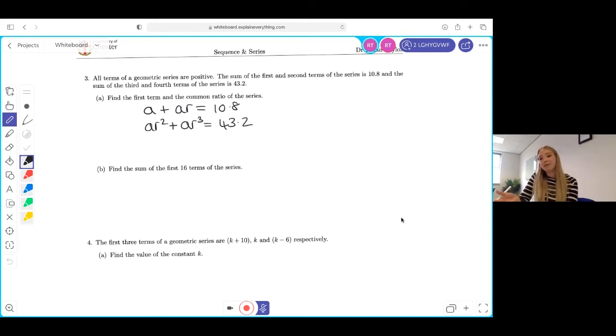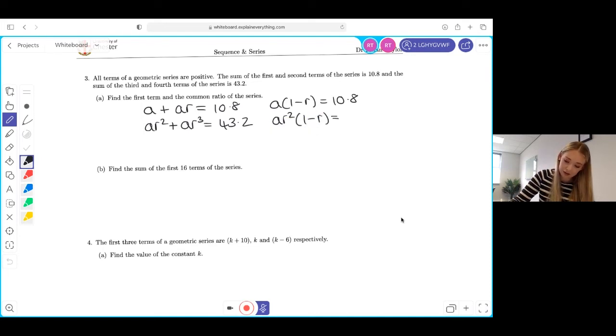So we've got two equations, two unknowns, A and R, so we can always solve these with simultaneous equations. To make it a little bit easier, I'll just factor out an A in the first one, and I'll factorise the bottom one as well by AR squared. There are loads of ways of doing these simultaneous equations. You can try a few ways.